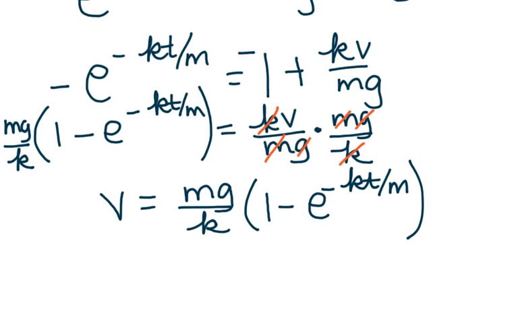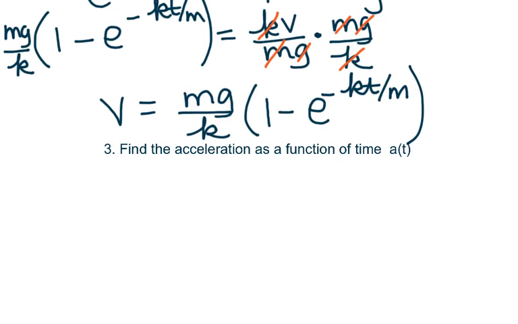Now, how would we then represent the acceleration as a function of time? Okay, so finding the acceleration as a function of time, we just want to remember that your acceleration as a function of time is the derivative of your velocity as a function of time. So looking at the above equation, we want to use that above equation to do that.